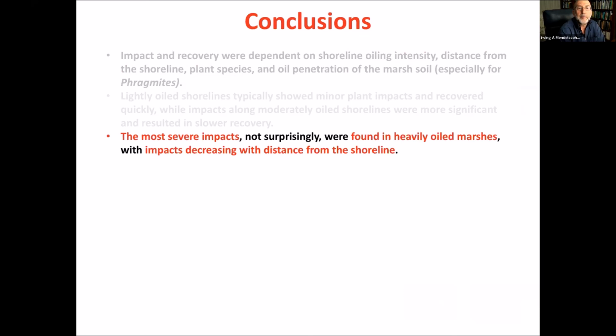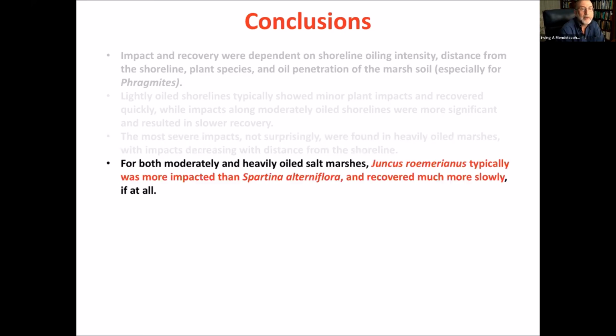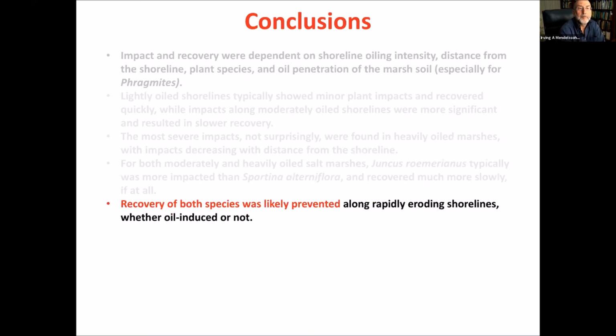The most severe impacts, not surprisingly, were found in heavily oiled marshes, with impacts decreasing with distance from the shoreline. For both moderately and heavily oiled salt marshes, Juncus roemerianus typically was more impacted than Spartina alterniflora and recovered more slowly, if at all. Recovery of both species was likely prevented along rapidly eroding shorelines, whether those shorelines had increased erosion due to oil or not.